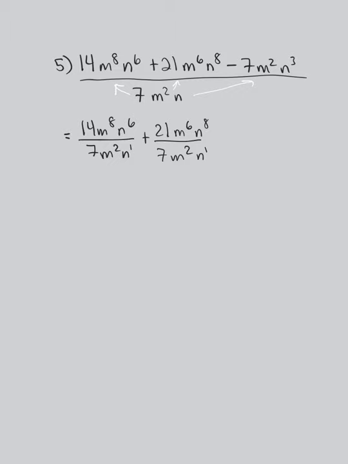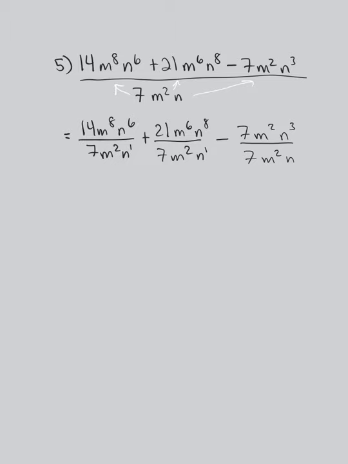Now this third part has a subtraction, so it's minus 7m squared n cubed over 7m squared n. Now if you want to, you can put that step in where we've been breaking stuff up, but it's not really always needed. You can think about just separating out each one of the parts.